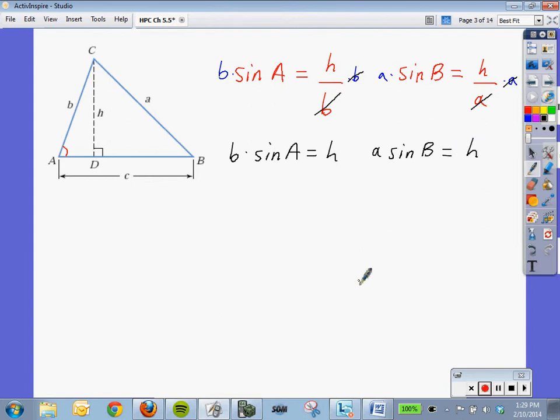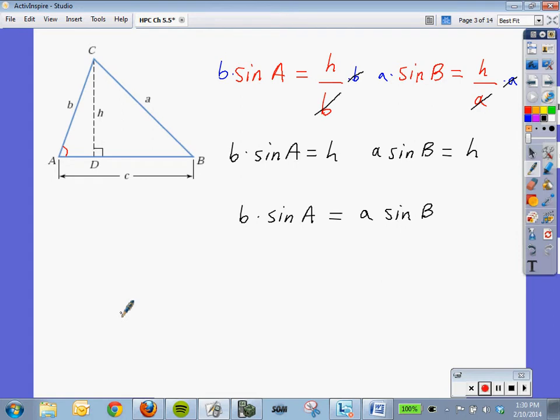We have two equations that are equal to the same exact thing. They're both equal to h, which means we can set those two equations equal to each other. We can say that b times the sine of A is equal to a times the sine of B.